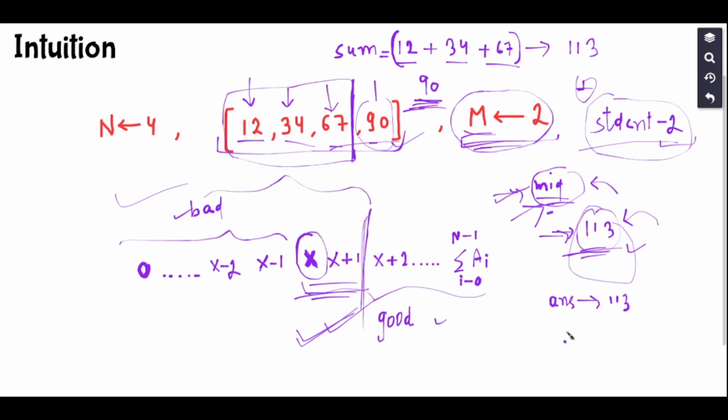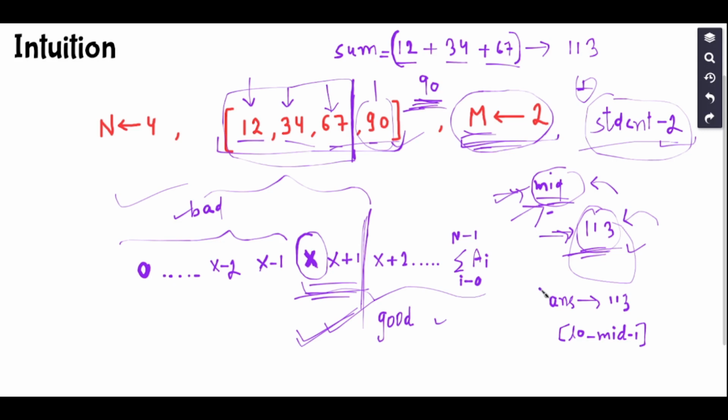So the search space will be reduced to low to mid minus 1. Now I will search for the possible answer towards the left side, where we have already got one of the answers, one of the integers on the good side, but we want to find the first integer which satisfies the conditions. Okay, so that's the case.